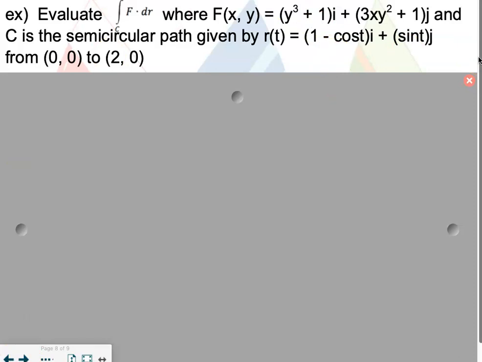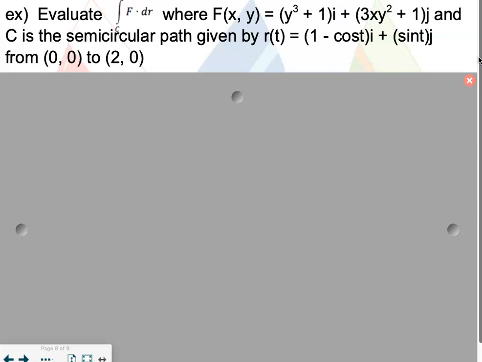But before we do that, let's just practice real quick. So I want you to find the line integral of f dot dr, where the vector field is y cubed plus 1 for the x component and 3xy squared plus 1 for the y component.